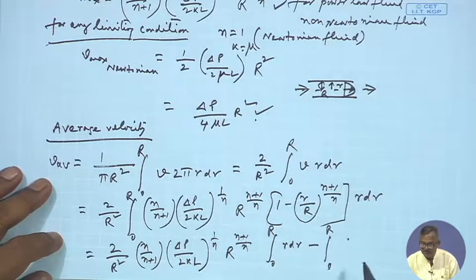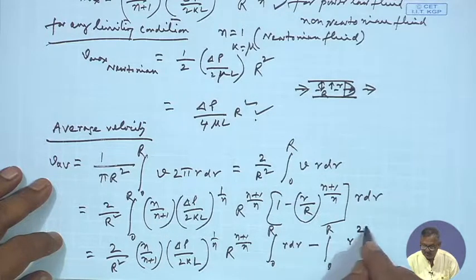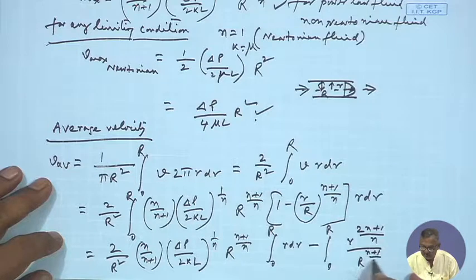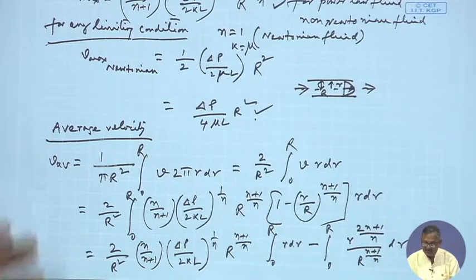So, 2n plus 1. So, r to the power 2n plus 1 by n divided by r to the power n plus 1 by n dr, right.